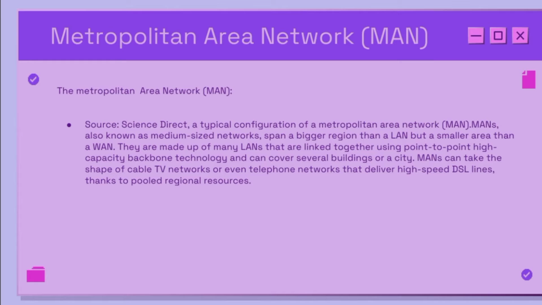They are made up of many LANs that are linked together using point-to-point high-capacity backbone technology and can cover several buildings or a city. MANs can take the shape of cable TV networks or even telephone networks that deliver high-speed DSL lines thanks to pooled regional resources.